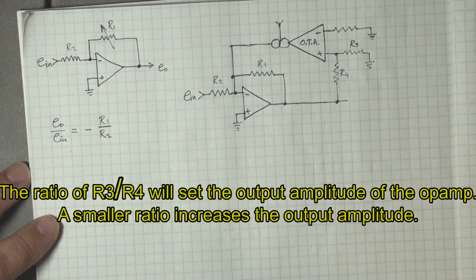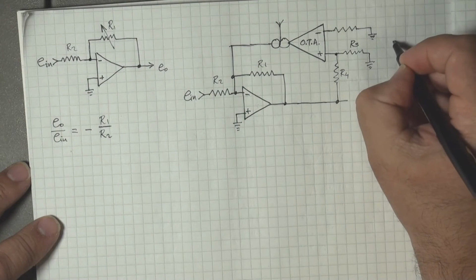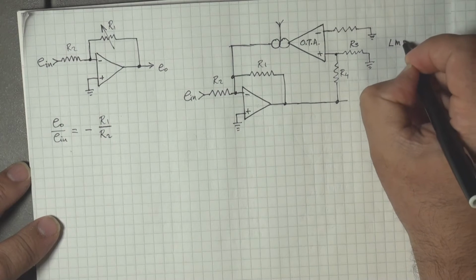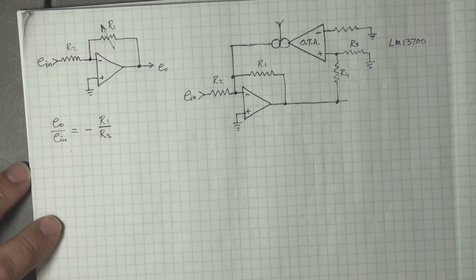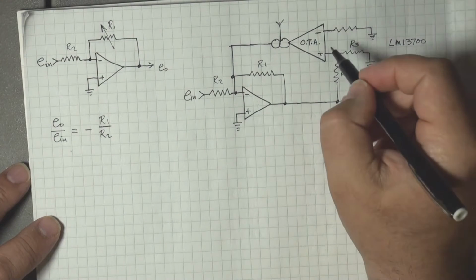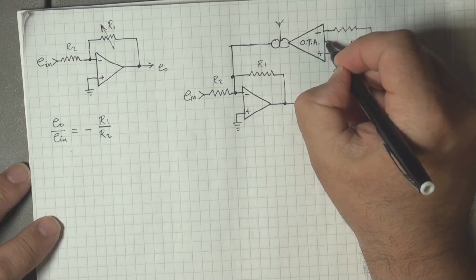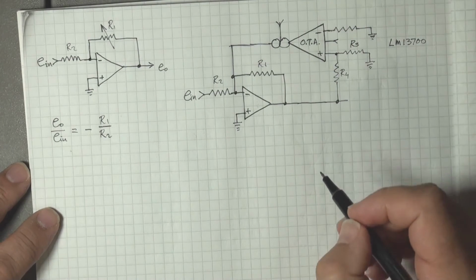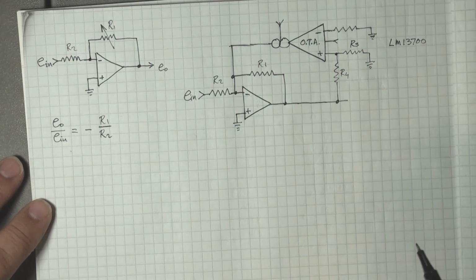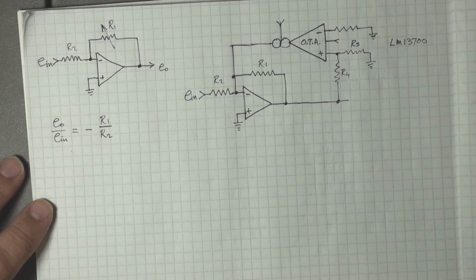So one OTA of choice that I am using is called the LM13700, and it has one additional pin called a diode bias input, which we won't discuss in detail at this point, but it is to linearize the operation and reduce distortion of the OTA.